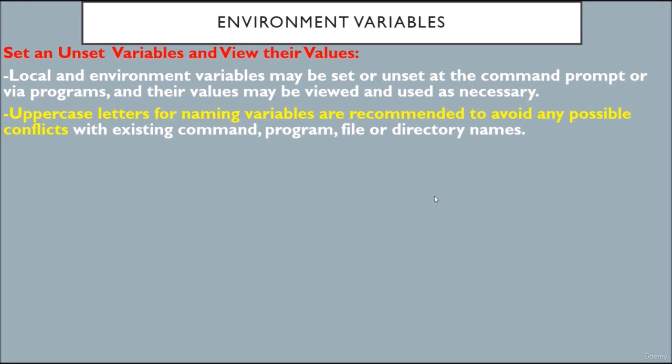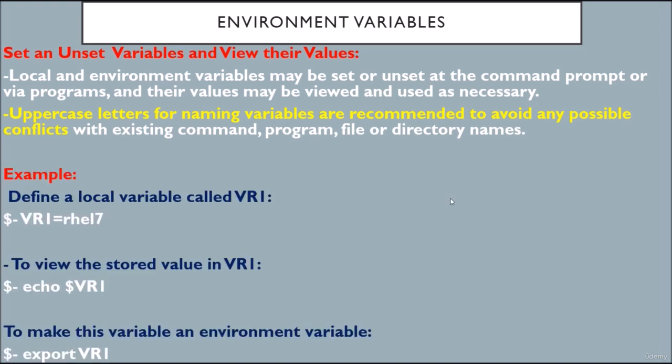Uppercase letters for naming variables are recommended to avoid any possible conflicts with existing command, program, file, or directory names. Most of the commands are lowercase. Most of the files and directories should be created lowercase in most cases. That's why when you set an environment variable, you want to do it uppercase so there's no conflict. Let's look at some of these examples.